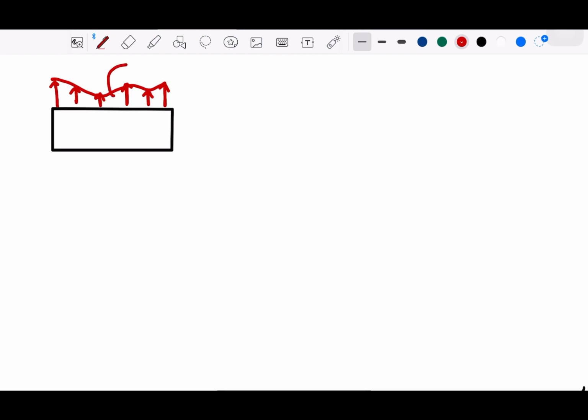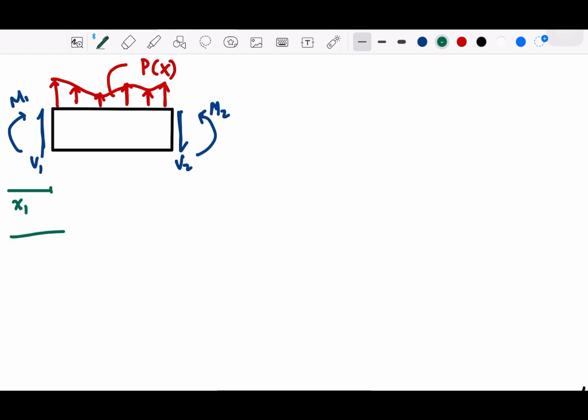We call the distribution Px, and we are going to have V1, V2 for the shear force, and then M1 and M2. And of course, we have the distance for each component. So this is for component 1, and this is for 2. And let's say the x is between this x1 and x2.